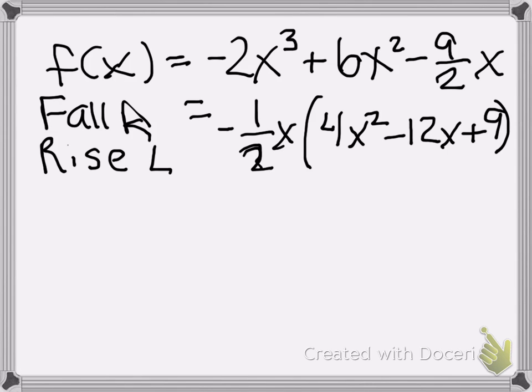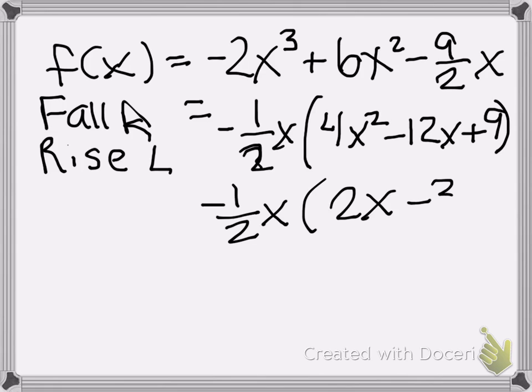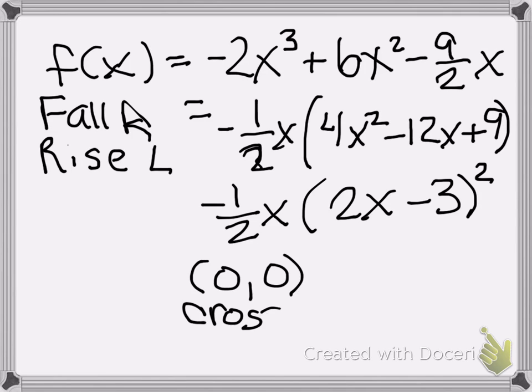Now we have something nice that we can work with. That's a perfect square trinomial. So here we go. We've got -1/2 x, that's going to give us a 0, and then you can factor that into 2x minus 3 because it's a perfect square trinomial. So you know that you have 0, 0, that's one of your zeros, and it's going to cross the x-axis right here because that x is an odd power.